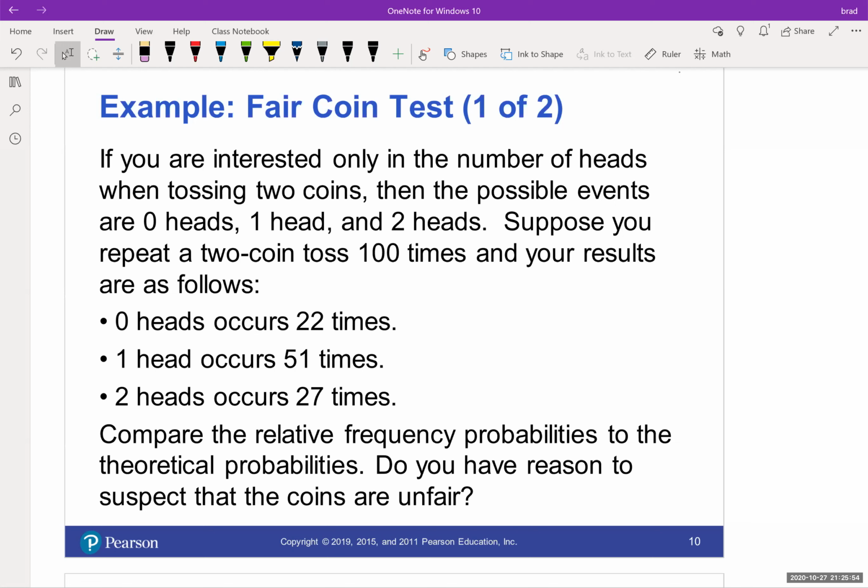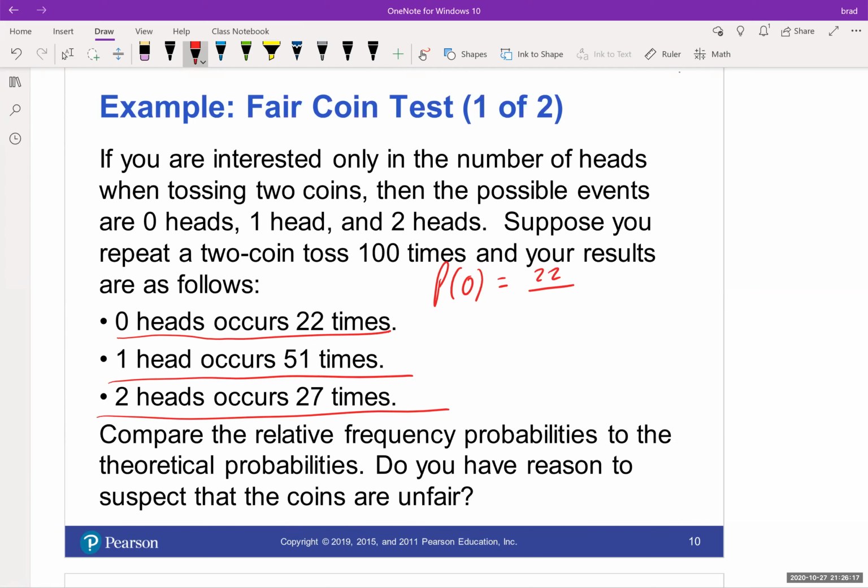So they did it and they said that 0 heads occurred 22 times, meaning that they flipped tails twice. 1 head occurred 51 times, and 2 heads occurred 27 times, okay? So let's take the relative frequency. Probability of 0 heads being tossed, well, that would be 22 out of how many observations? 100.